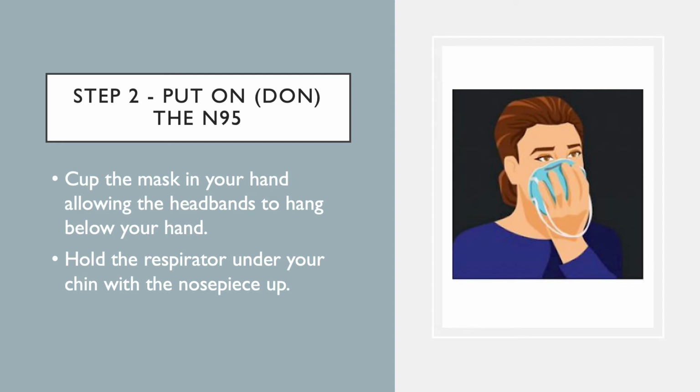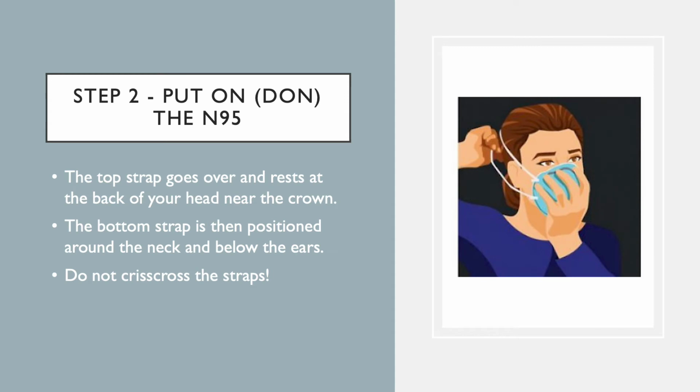Cup the mask in your hand, allowing the headbands to hang below your hand. Hold the respirator under your chin with the nose piece up. The top strap goes over your head and rests at the back of your head near the crown. The bottom strap is then positioned around the neck and below the ears.